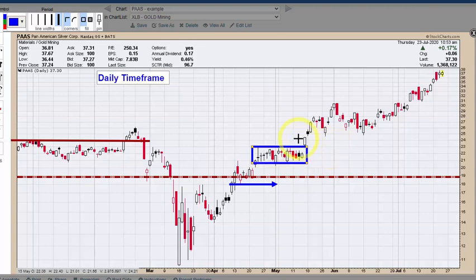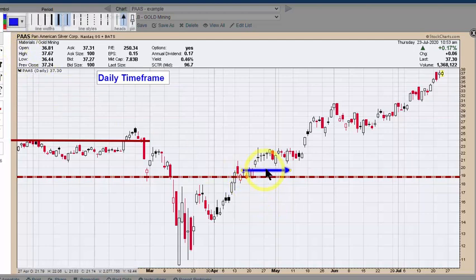This candle right here on this gap up takes out the trading range and the prior highs. Okay? Time to move your stop up. Place your stop just below the swing low, just below the bottom of that trading range.